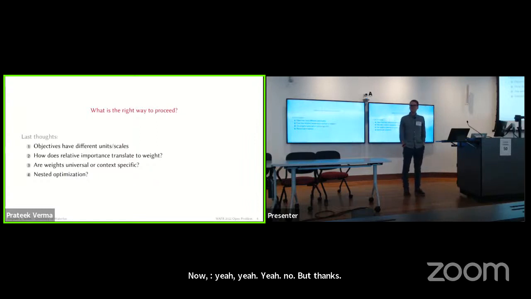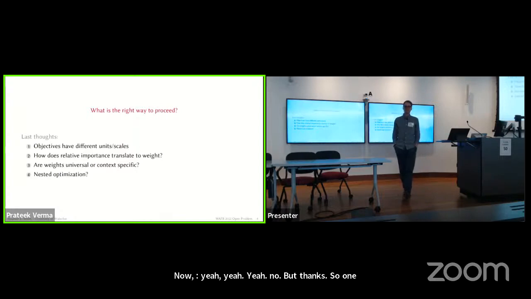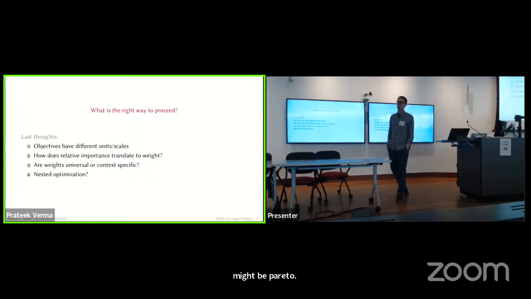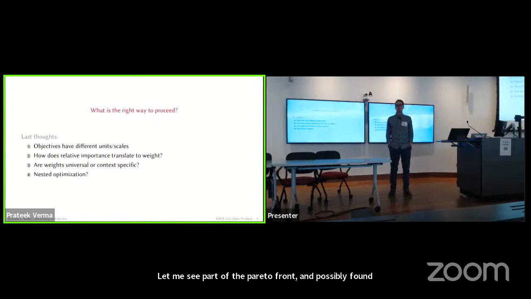So one potential issue I just thought of is when a solution might be part of the Pareto front and possibly found when you make the weighting, but still isn't good. Hypothetically, let's say there are two constraints and they compete, and you can make one of them good and the other one bad, or one bad and the other good, or you can get them both really mediocre.